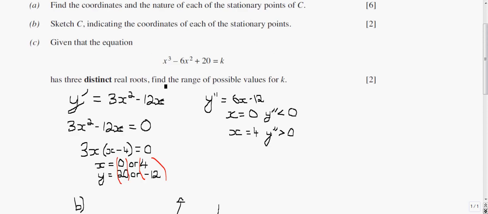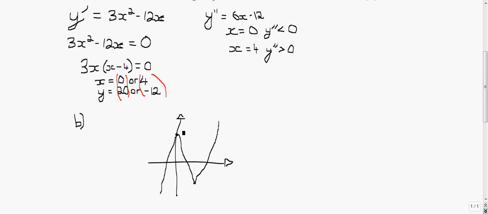And the question says, given this has 3 distinct roots, find the range of possible values for k.